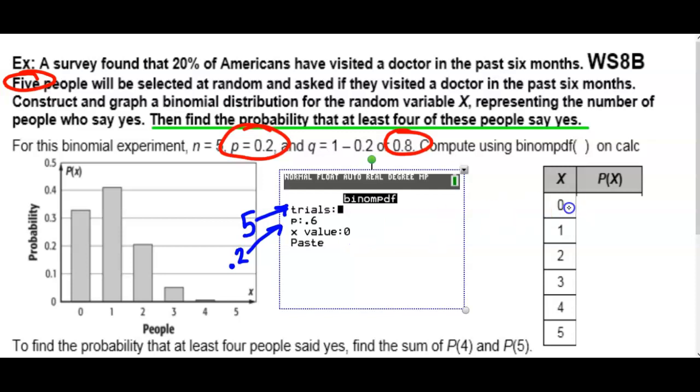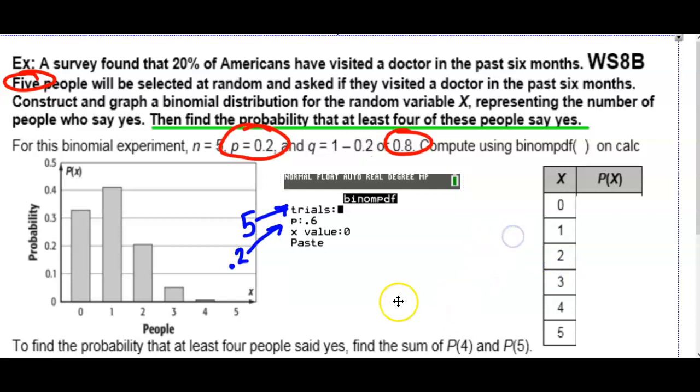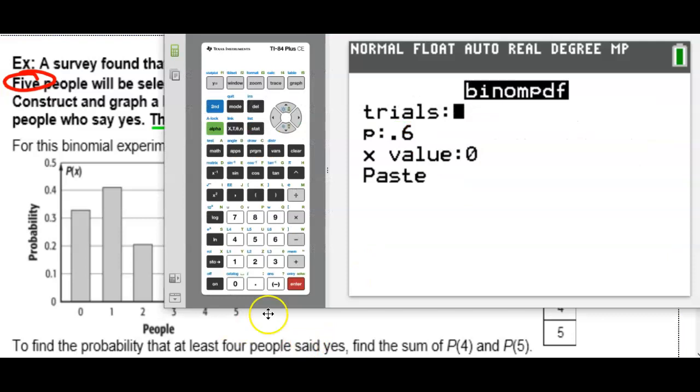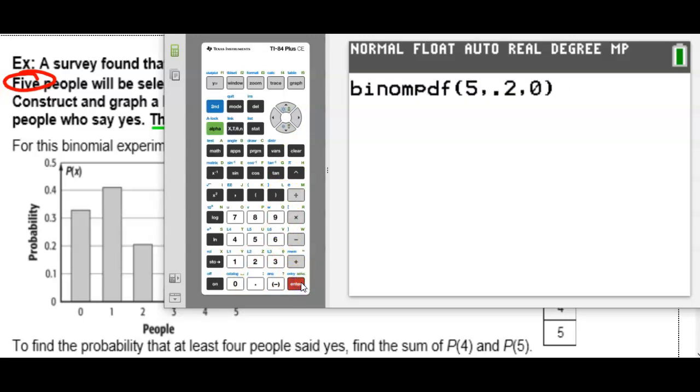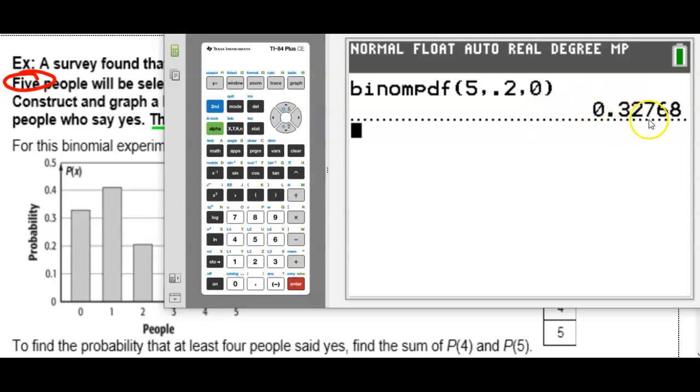So we're going to start with 0, then we're going to change it to 1, then we're going to change it to 2, and so on, to fill in this chart. So it was 5 people, and probability of success was 0.2. And first of all, nobody went. So that's 0.327.